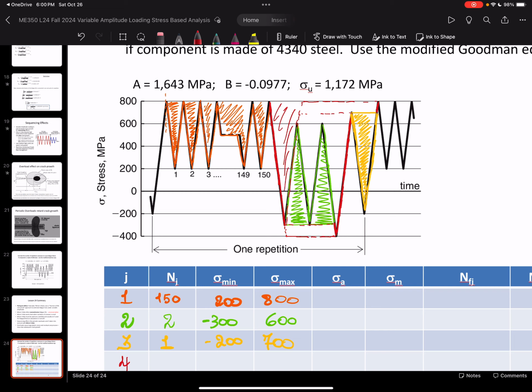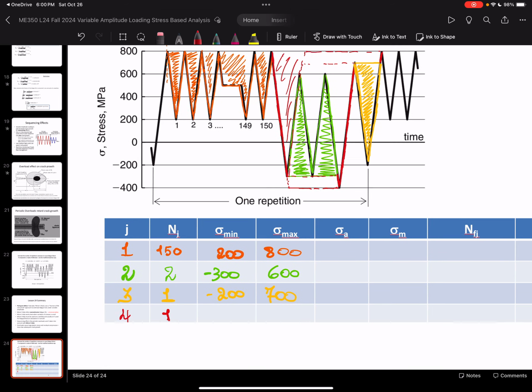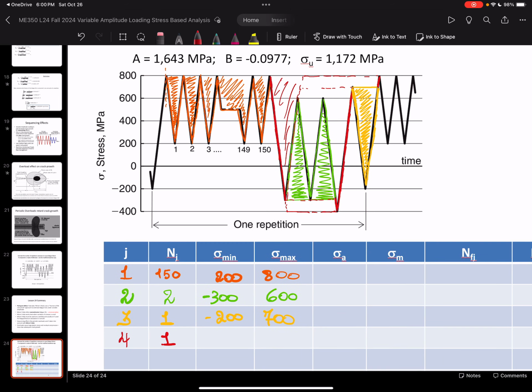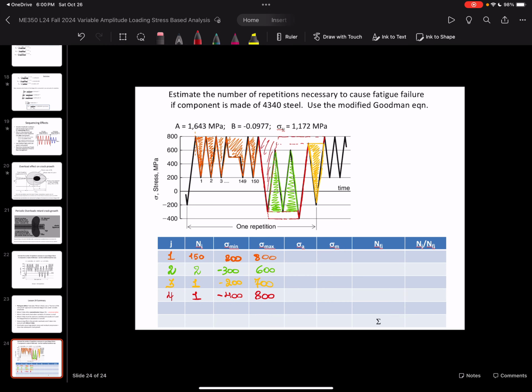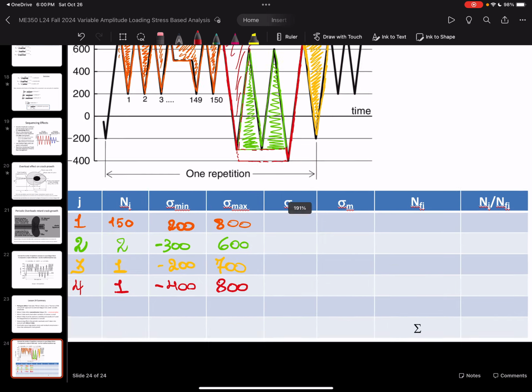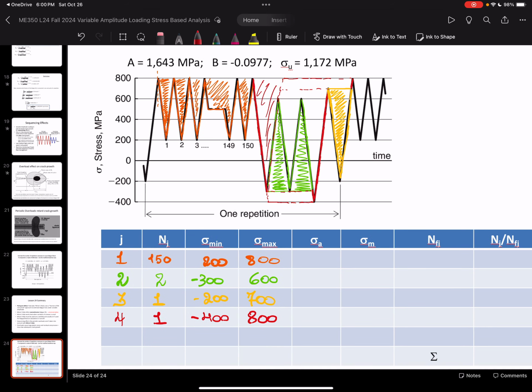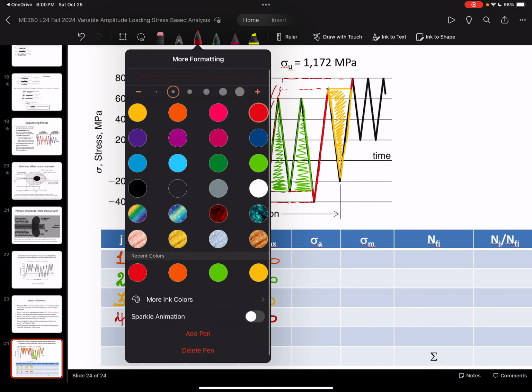Well, we would call that a one cycle that goes from a minimum right here of minus 400 to a maximum of 800.